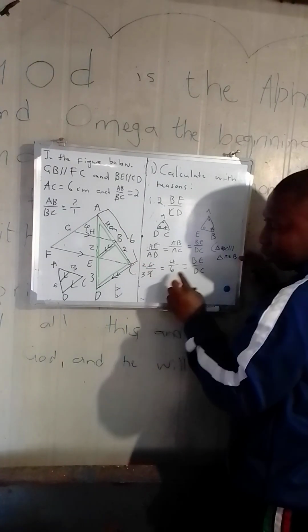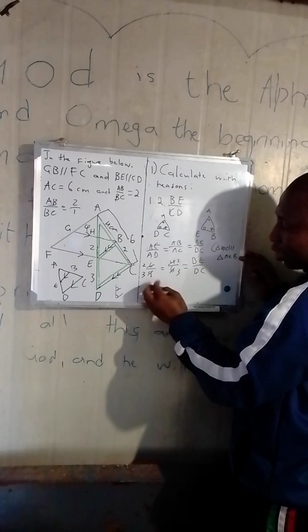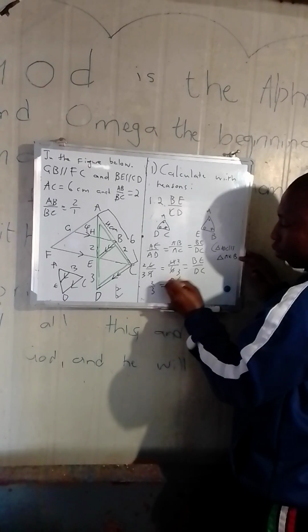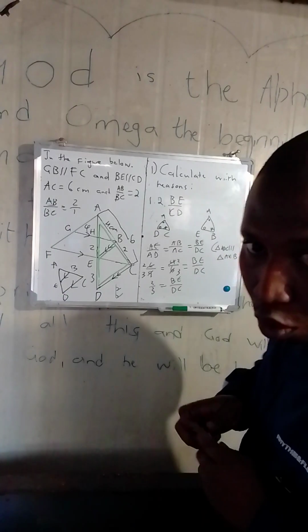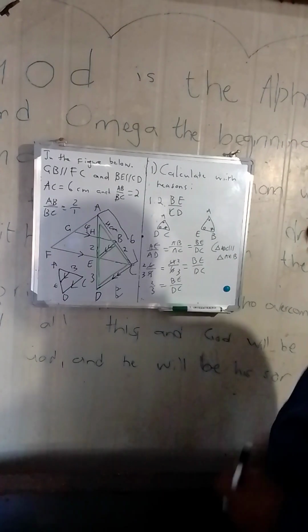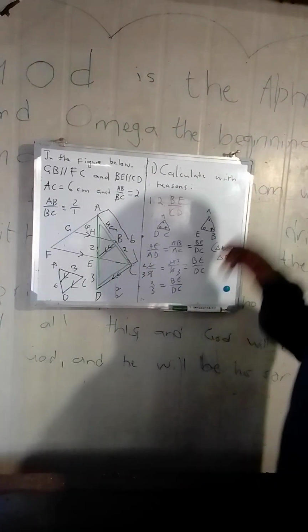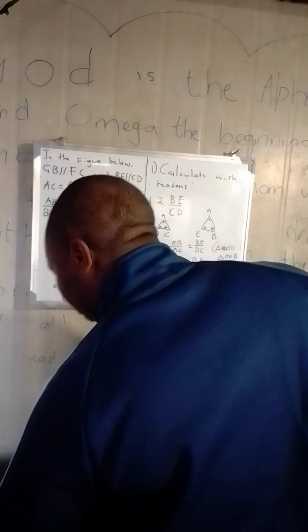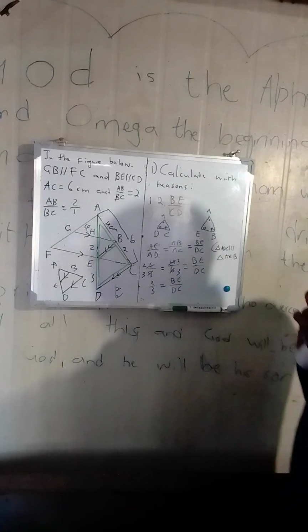So this gives us 2 over 3. Then BE over DC is equal to, its ratio is 2 over 3. Are we together, people? So we got the ratio of BE over DC is 2 over 3. So that's how we do it there.